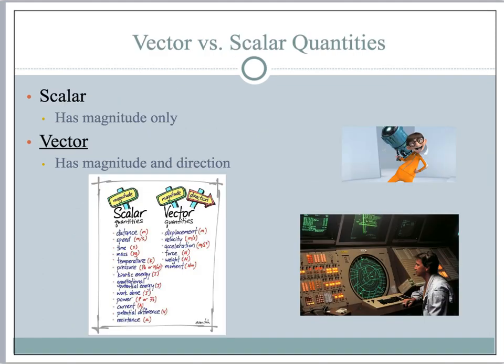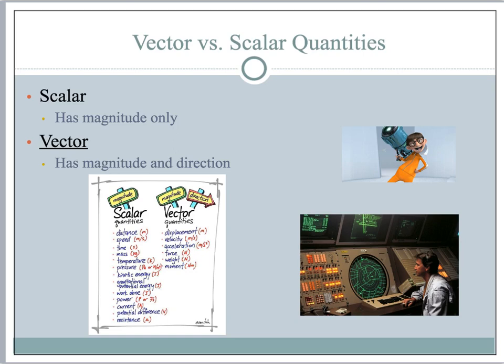Scalar versus vector quantities. In physics, we deal with both types. Scalar quantities are quantities that have magnitude only. Magnitude can be described as just the number with a unit.